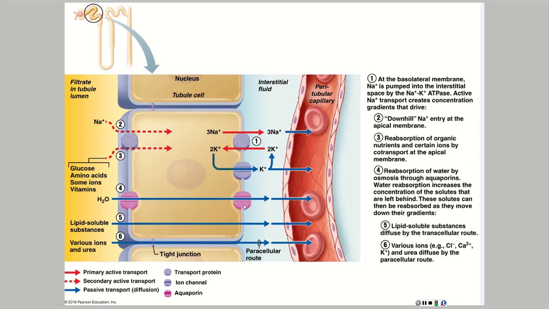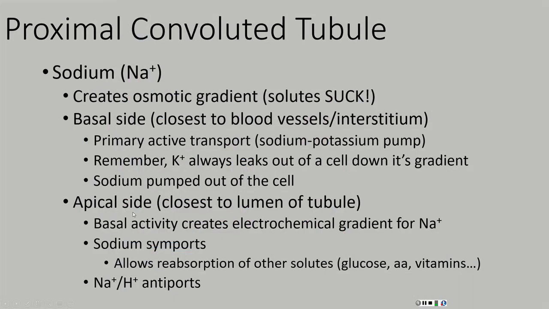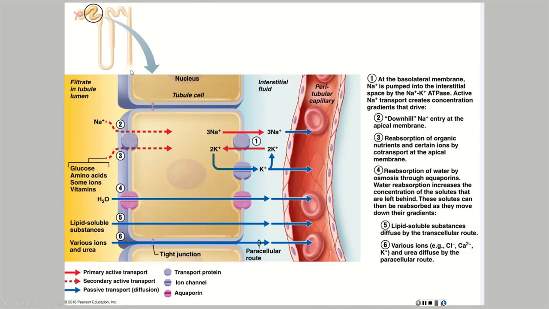This is the basal side of that cell. The apical side is the side closest to the lumen of the tubule, closest to the inside of the tubule where the filtrate is. So apical side, basal side.